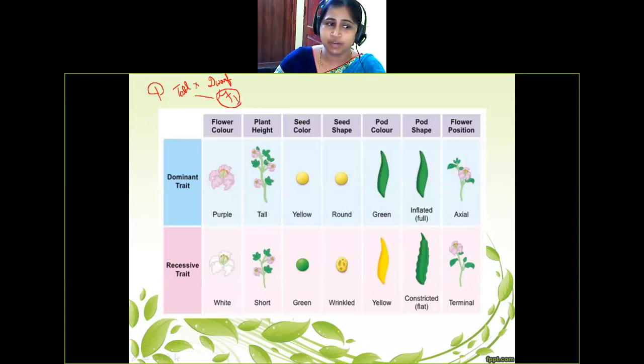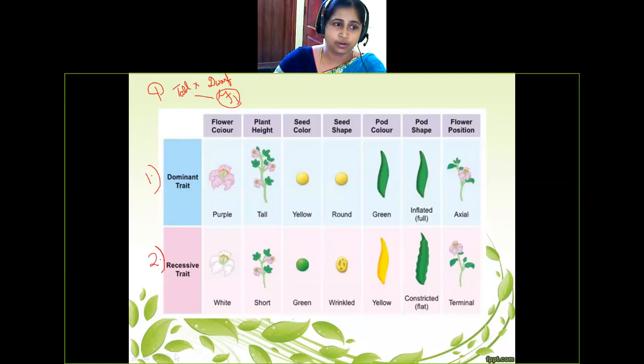So based on that, I've categorized here. Again, I'll recap. 7 contrasting characters are there. In that, we are categorizing as number 1, dominant; number 2, recessive trait. How are we saying it is dominant? The character which is expressed in the first generation is called dominant. And the character which is not expressed is called recessive character.